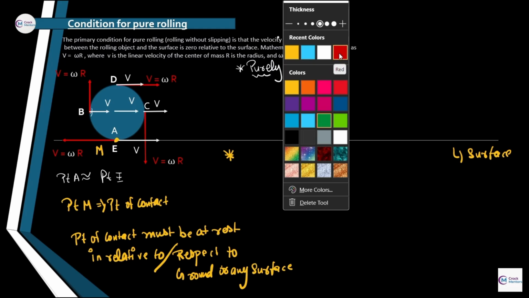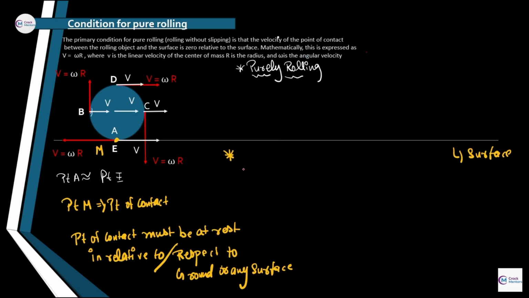With respect to the ground, the point of contact must be at rest. This is the condition for pure rolling.